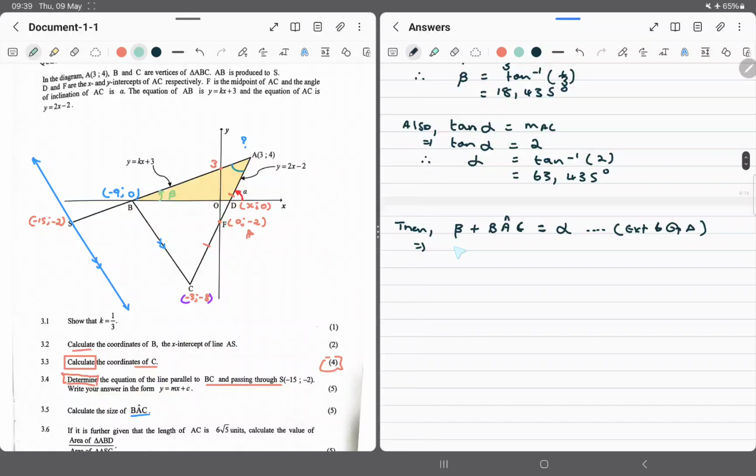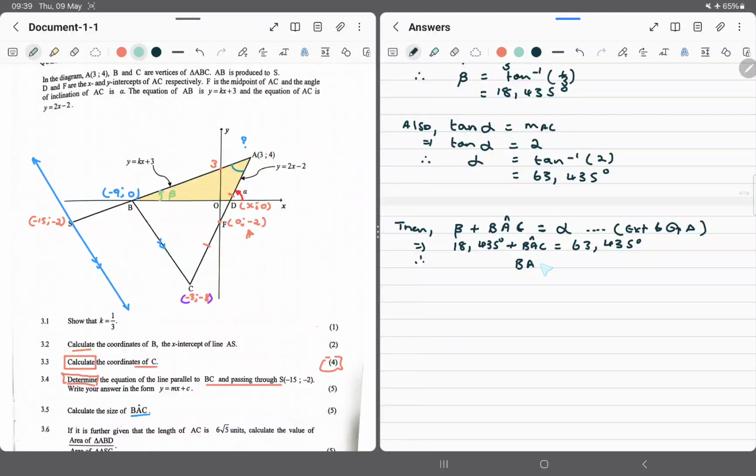So this implies that beta was 18.435 degrees plus our BAC back, and it gives us 63.435 degrees.